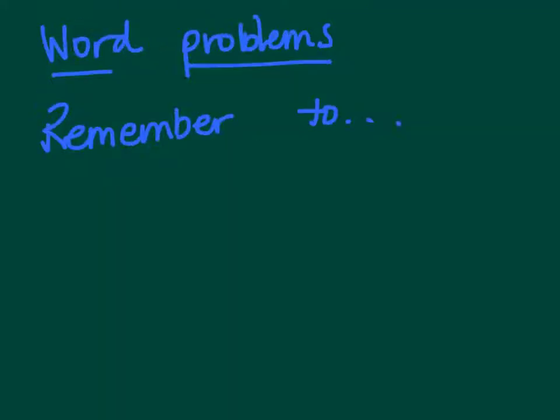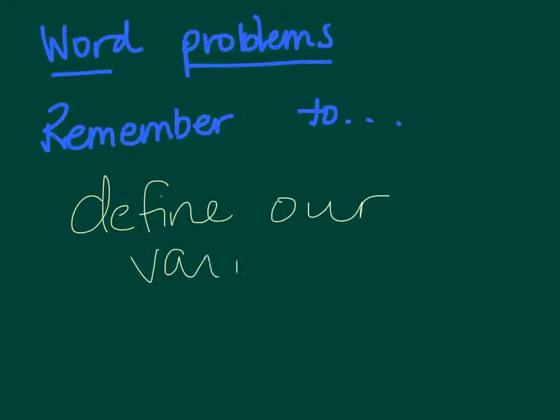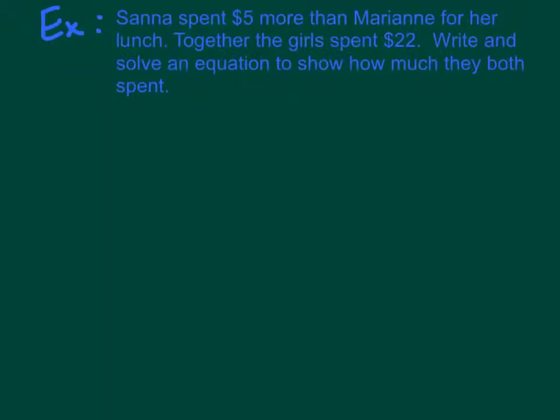All right. Now, when we see word problems, we want to remember to define our variable. If we do this, it's going to help us as we get into more complex word problems. So let's look at an example. Sana spent $5 more than Marianne for her lunch. Together, the girls spent $22.